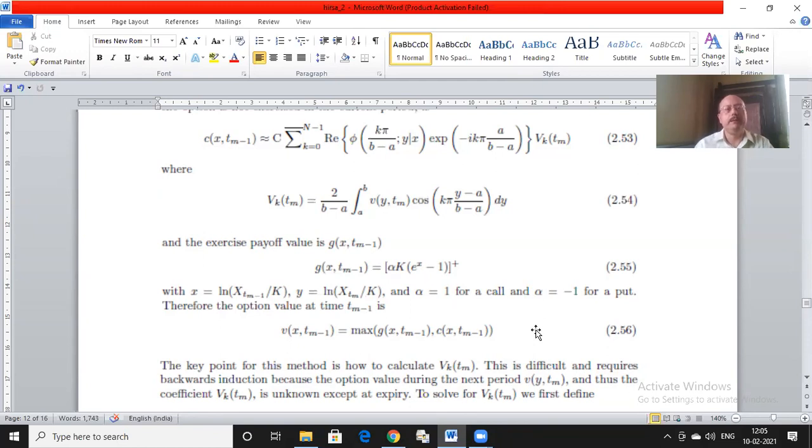My value of the option at this time Tm minus 1 will be the max of these two quantities. So at that time point, I will evaluate the choices, immediate exercise, where I get G, and continuation, where I expect to get C. Whichever is bigger, I will use that, and that then is my value for the option at time Tm minus 1.